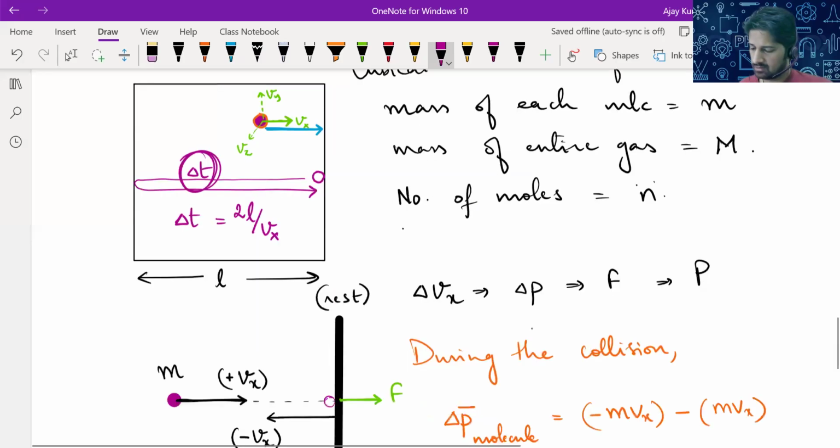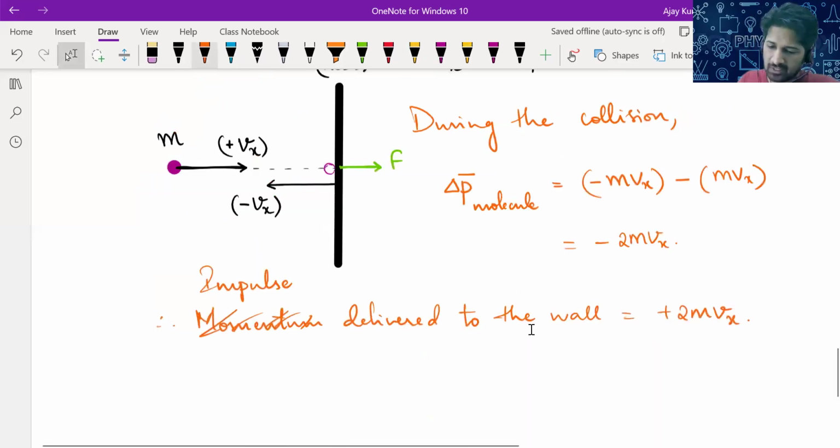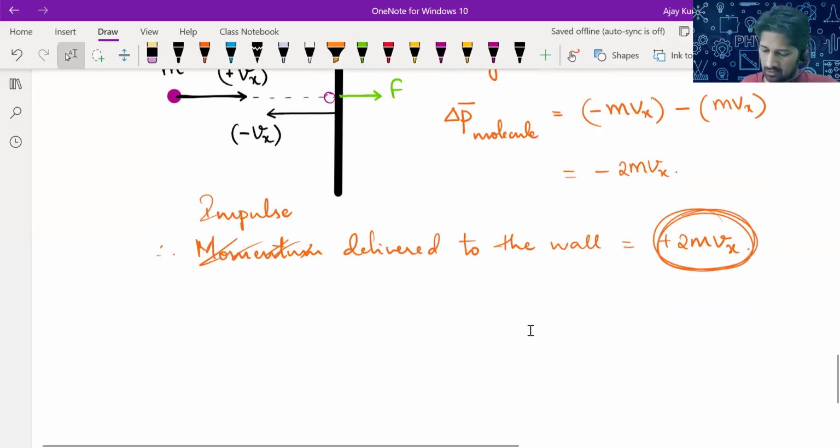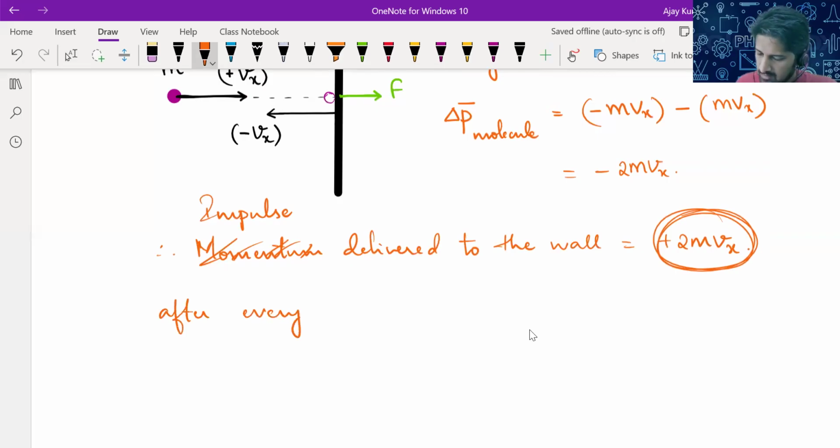So this much impulse, 2mvx impulse, will be delivered to the wall after every interval of 2L divided by Vx. Hope this part is clear to all of you.